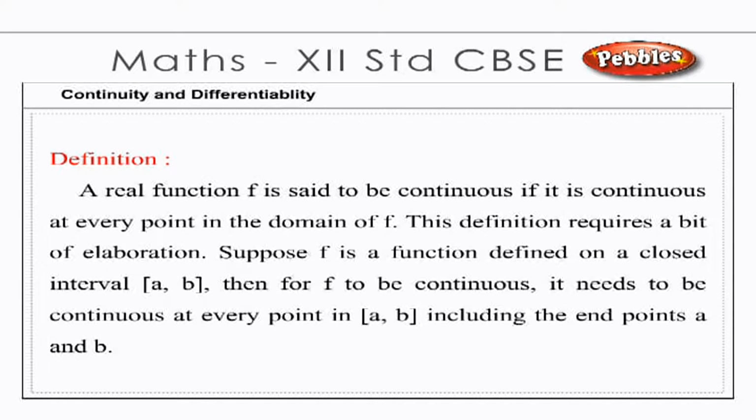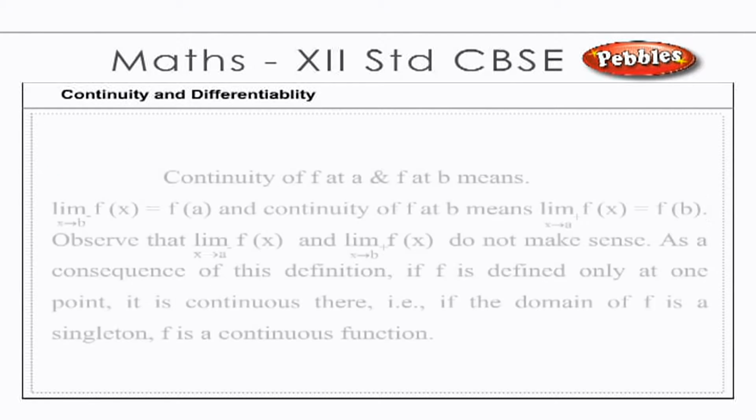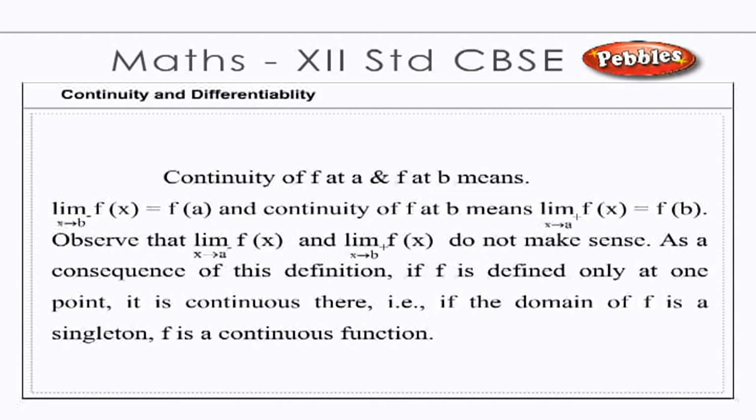This definition requires a bit of elaboration. Suppose f is a function defined on a closed interval [a, b]. Then for f to be continuous, it needs to be continuous at every point in [a, b], including the endpoints a and b. Continuity of f at a and f at b is expressed as follows.